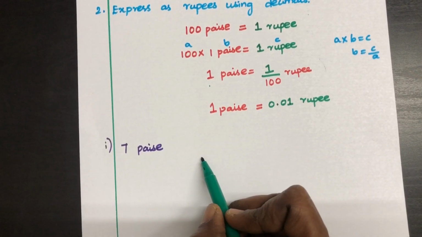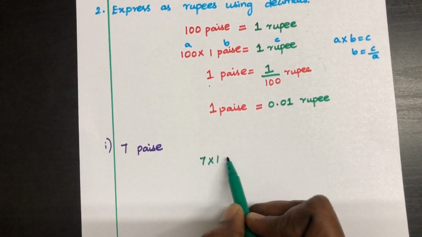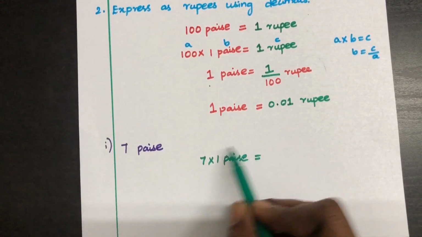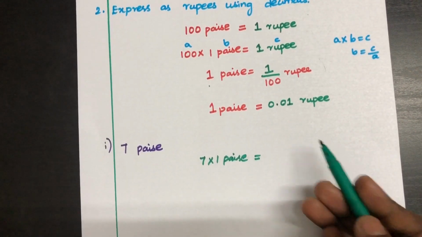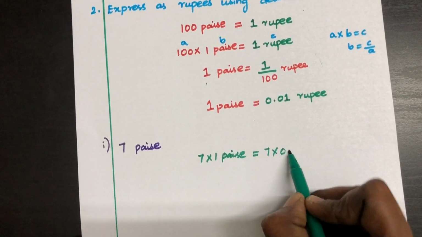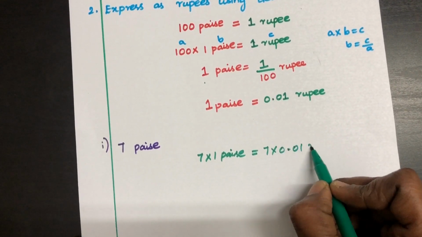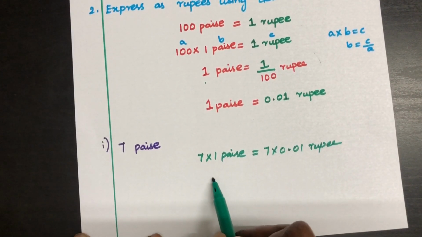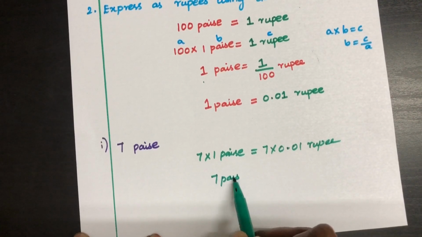Now 7 paise means 7 into 1 paise, that's all. 7 into 1 paise is equal to, just multiply 7 on both sides, that will give you the rupee value. 7 into 0.01 rupee. So 7 into 1 gives us 7 paise.